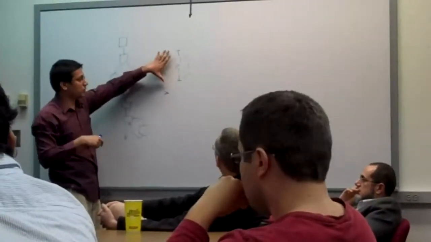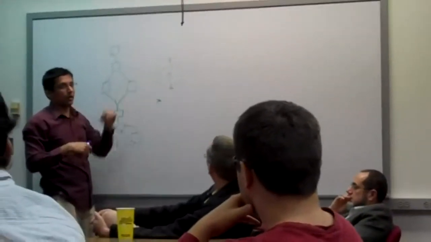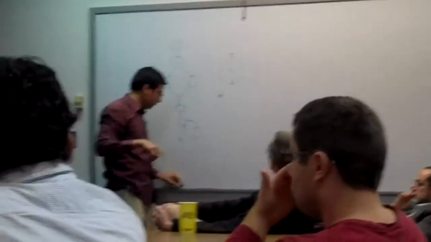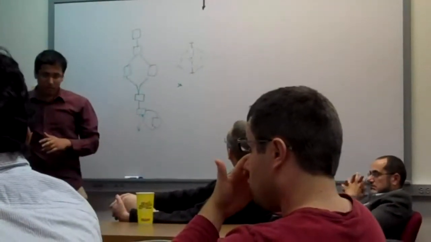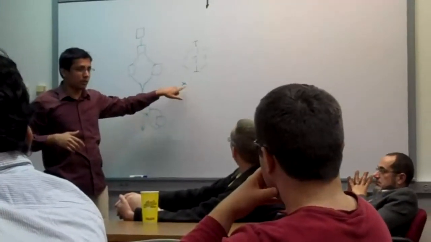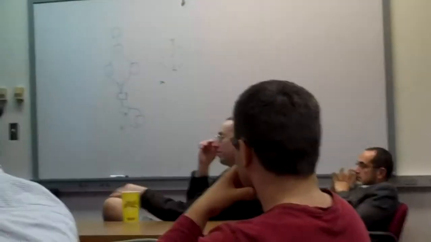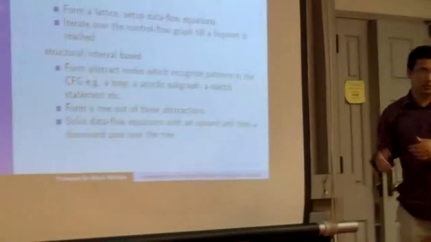Also you have a finite height to the lattice. And as I will discuss, the set of values that this particular variable can hold cannot shrink. It has to stay the same, or it can grow as you simulate the data flow equations on the control flow graph.